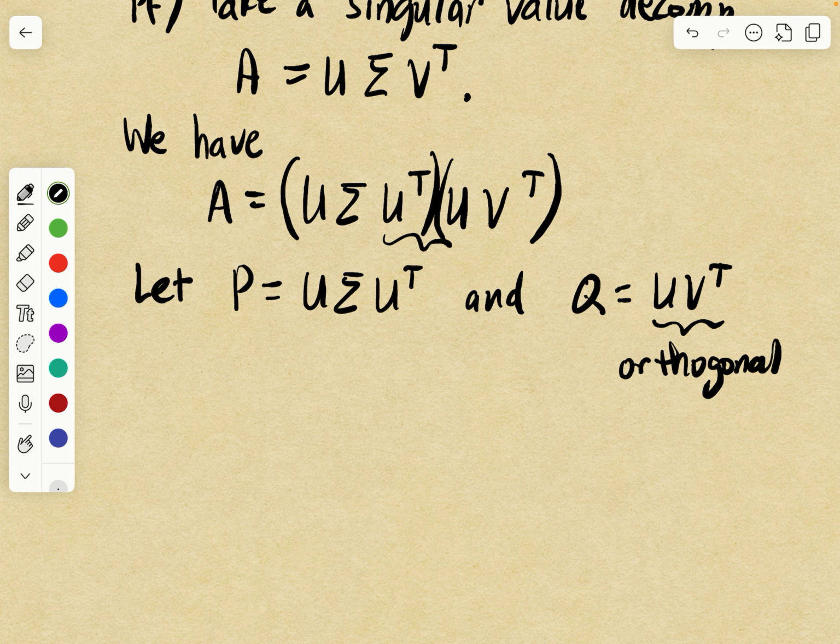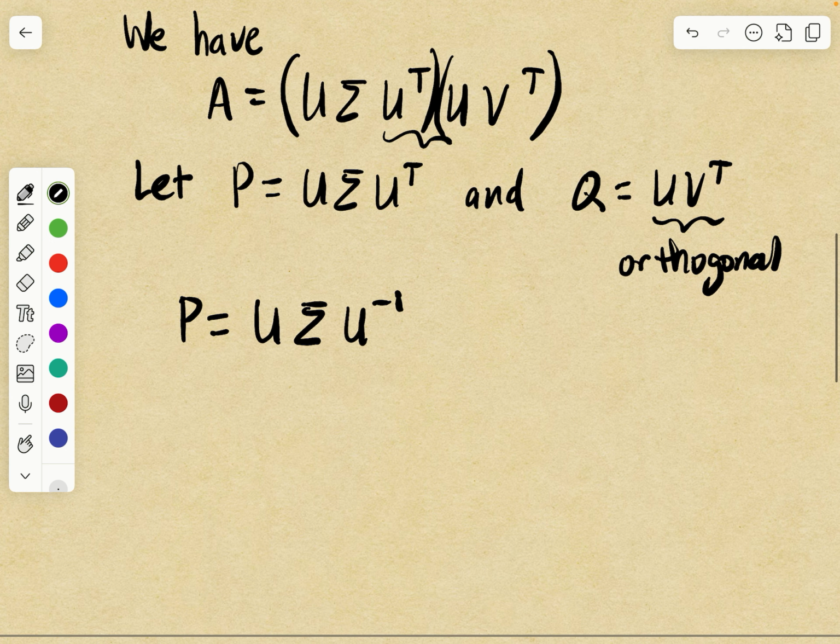Now how do we know that P is positive semi-definite? The reason is that when you have a matrix decomposed like U times sigma times U transpose, this P is U times sigma times U inverse, because U transpose is U inverse, because U is orthogonal.